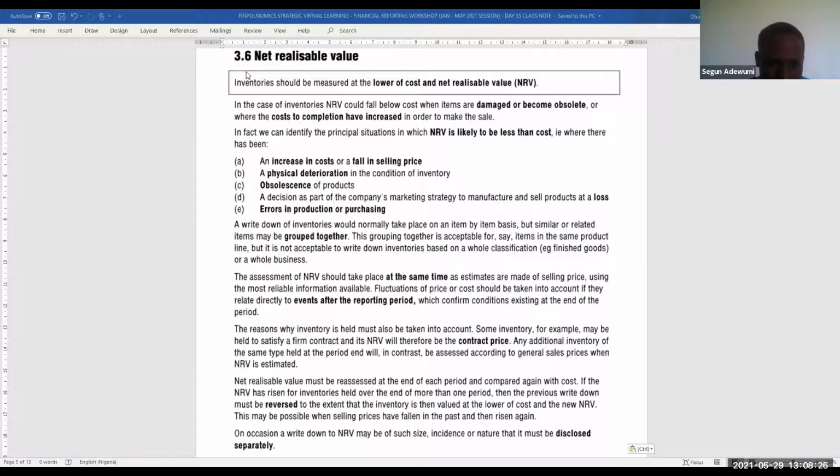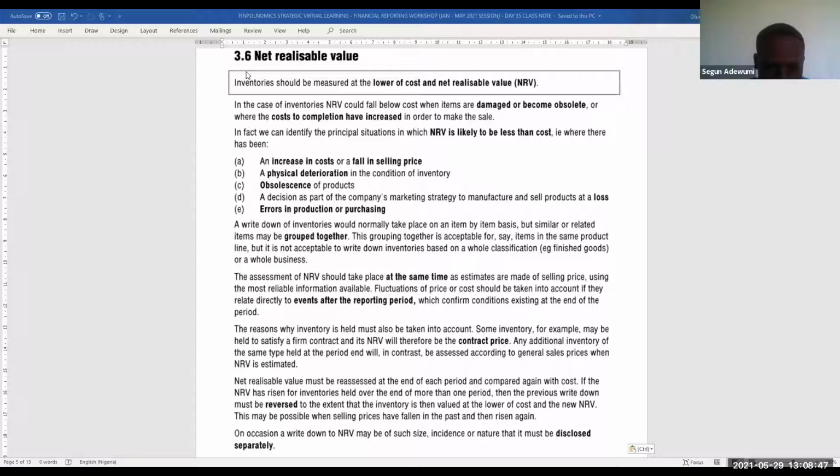The assessment of NRV should take place at the same time as estimates are made of selling price, using the most reliable information available. Fluctuations of price or cost should be taken into account if they relate directly to events after the reporting period, which confirm conditions existing at the end of the period.